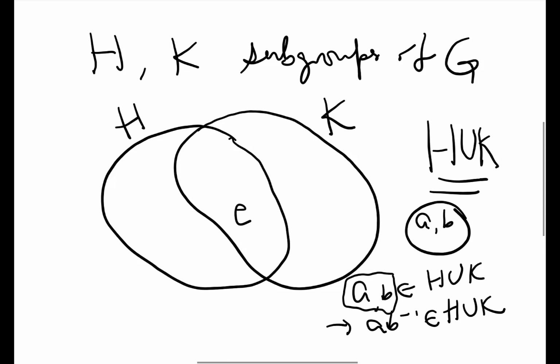So let's say a lives here and b lives here. Now the question would be, it might so happen that a b may jump outside. So let's go ahead and play with some examples and see whether that is possible or not.